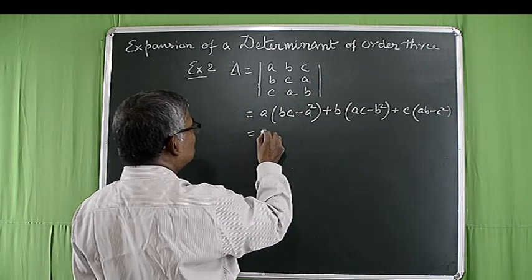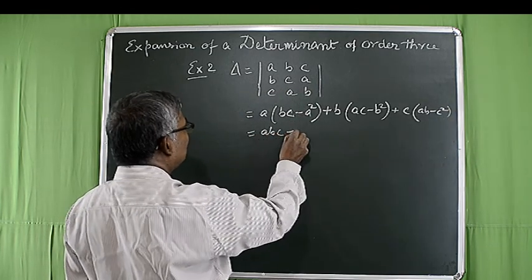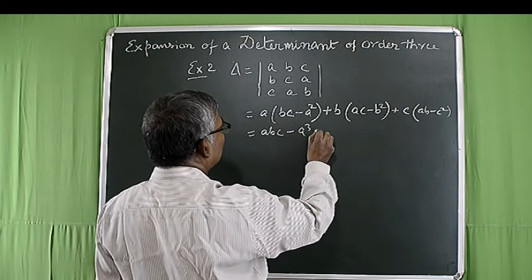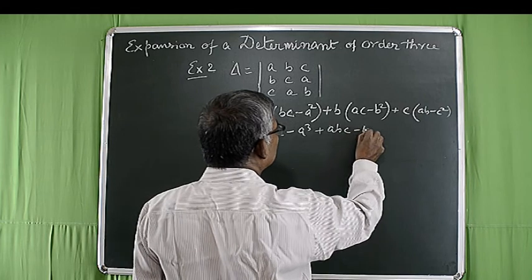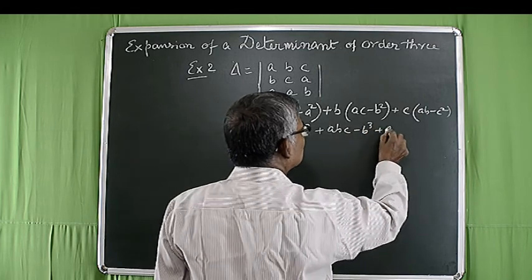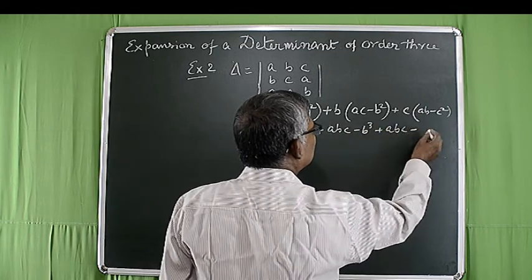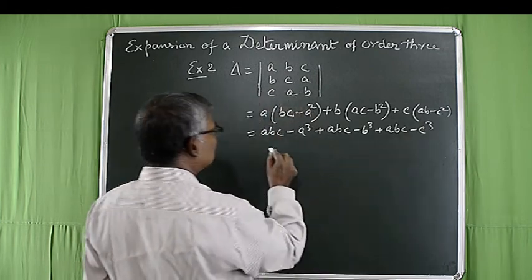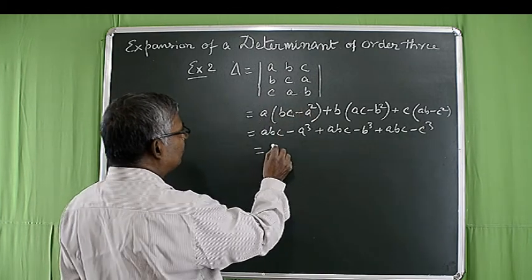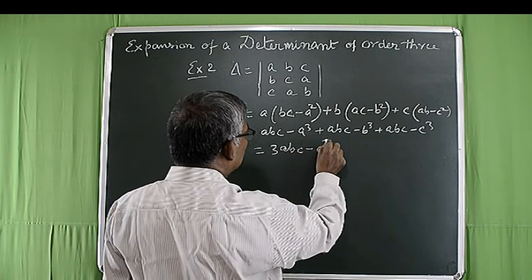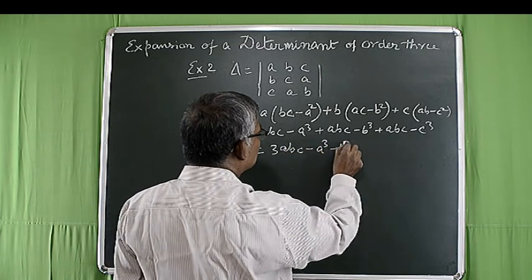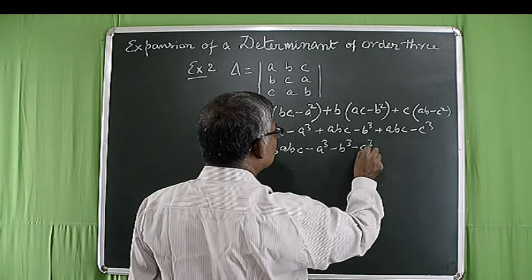So equal to abc - a cube plus abc - b cube plus abc - c cube. So this equals 3abc - a cube - b cube - c cube.